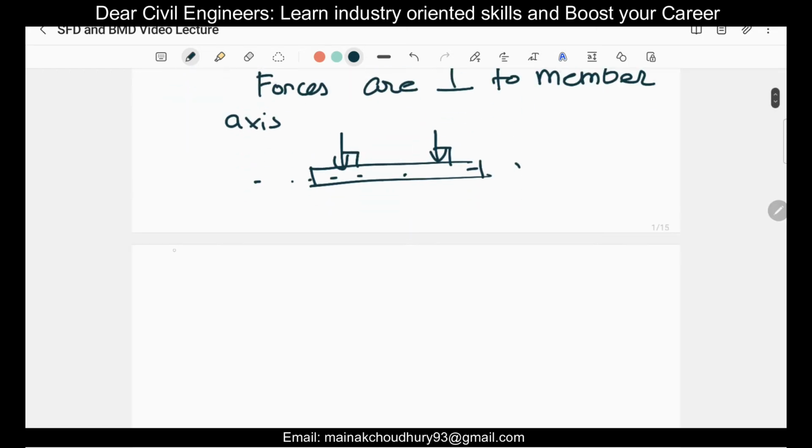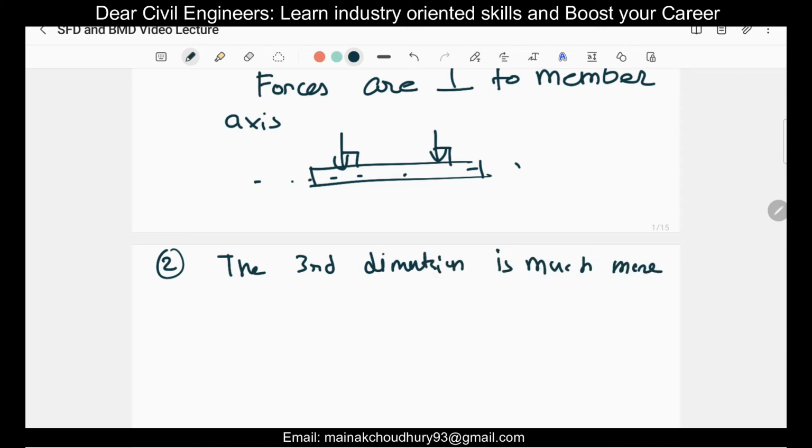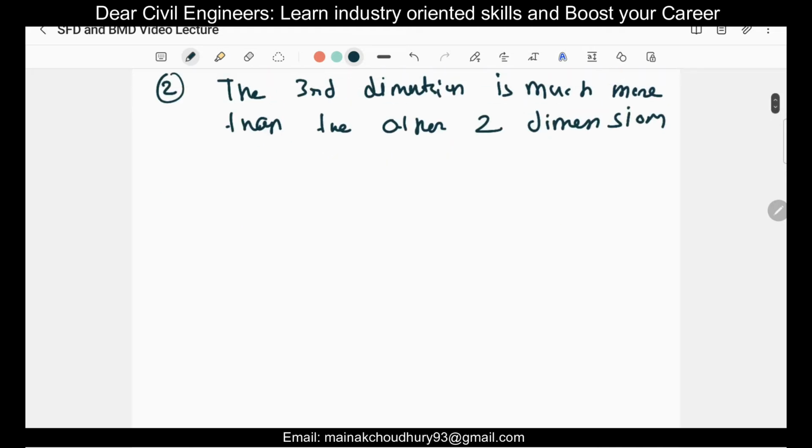The second definition is that the third dimension is much more than the other two dimensions. This is another definition of a beam which you can use. I am drawing a 3D section here.